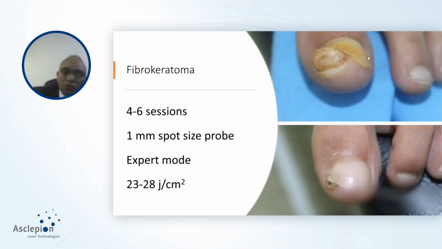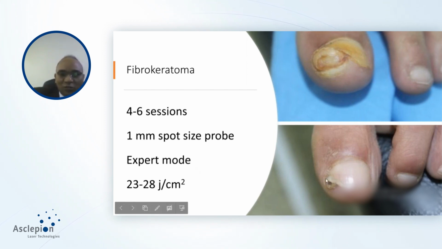Fibrokeratoma is a benign tumor under the nail. One of the most recalcitrant tumors for treatment. Deep tumor, surgery cannot remove it completely. We did QuadroStarPRO 4 to 6 sessions with a 1 mm spot size, expert mode, with repeated sessions. We take multiple passes every time.